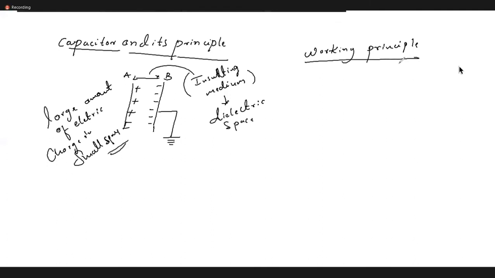Here I take two conducting plates: one is an insulated, charged conductor and the other is earthed. These are metallic plates with positive charges on one and negative charges on the other. When plate B is earthed, what will happen?